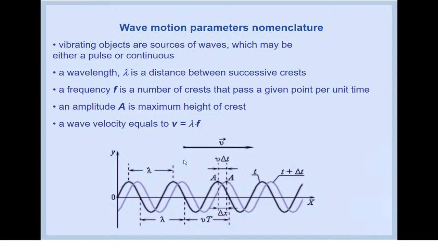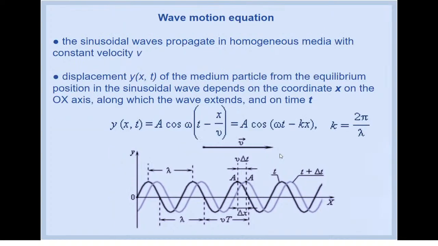So you can see this process of propagation of mechanical wave. And actually, one more time, we talk about the displacement of the particles of the space, of the medium, where the mechanical wave is traveling, is propagating.